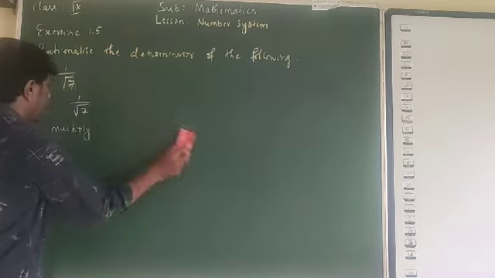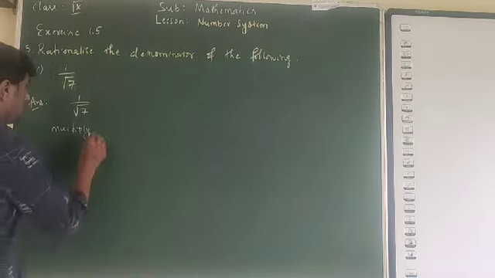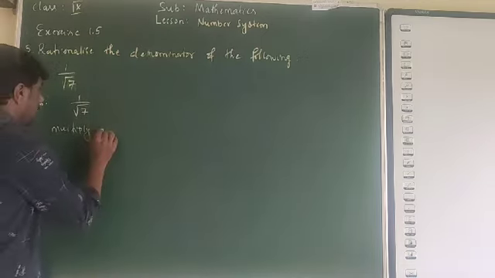We have 1 by root 7, and we have to multiply both the numerator and the denominator by root 7.